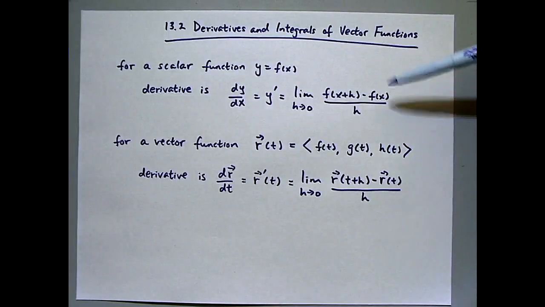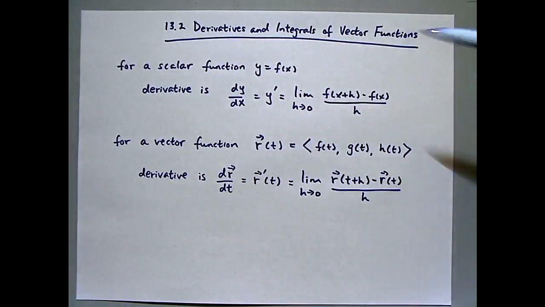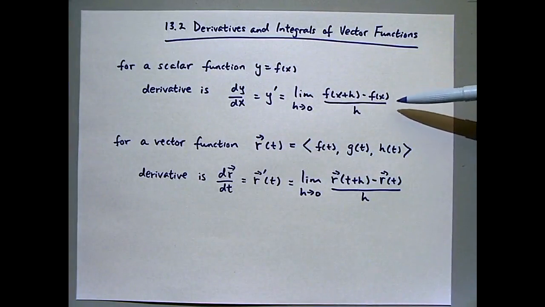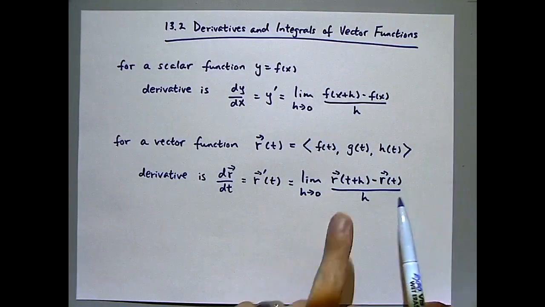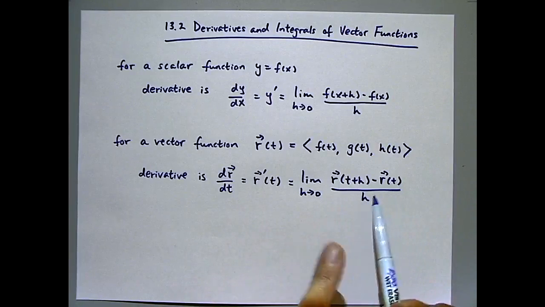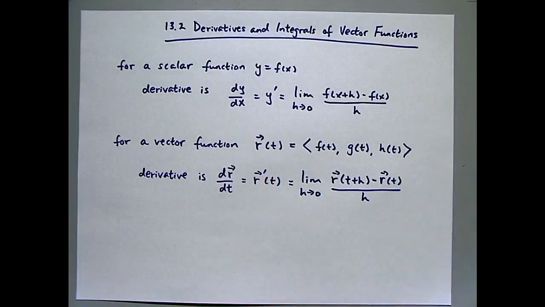Fundamentally, you treat this vector function essentially exactly the same way as a scalar function. You take two vectors that are a little bit apart and gradually bring them together, and you end up getting the derivative.